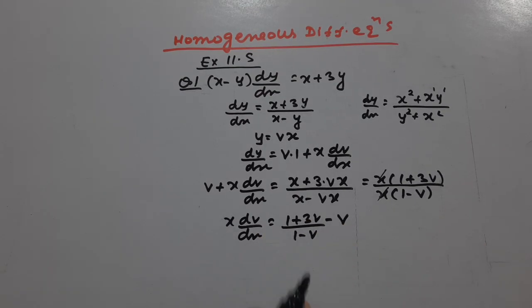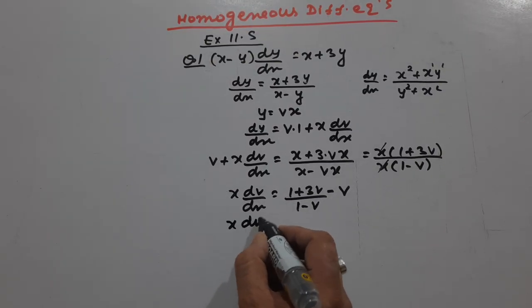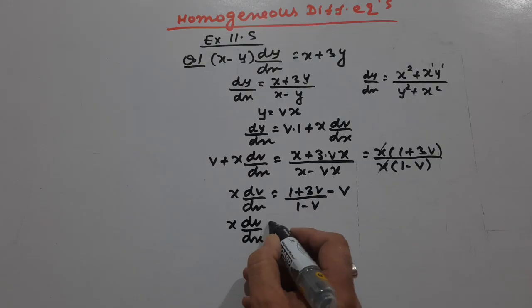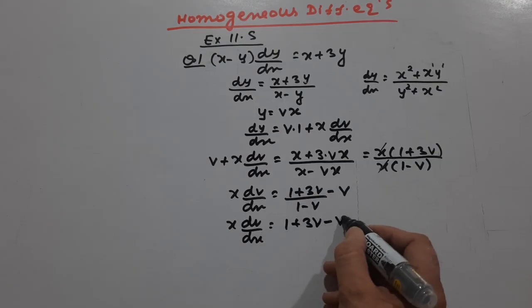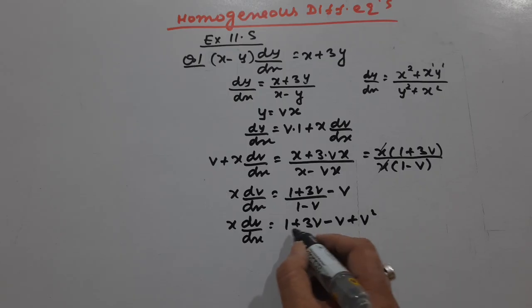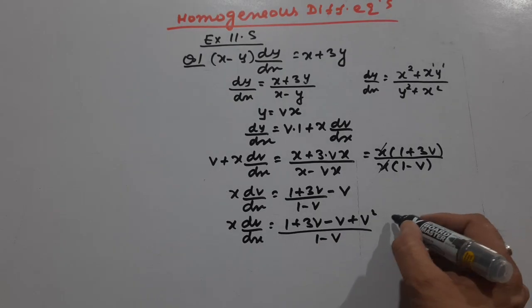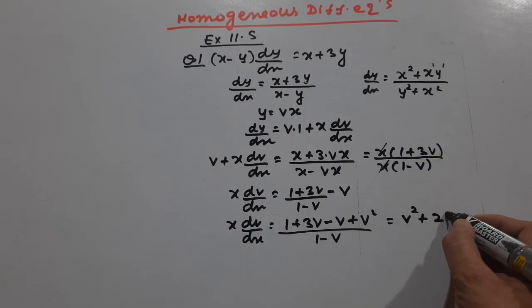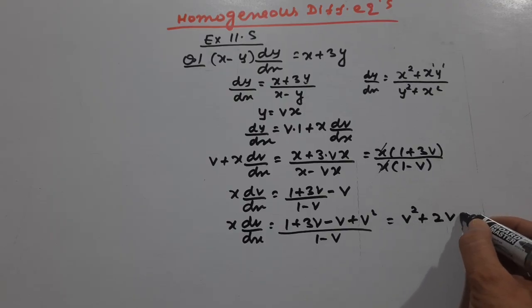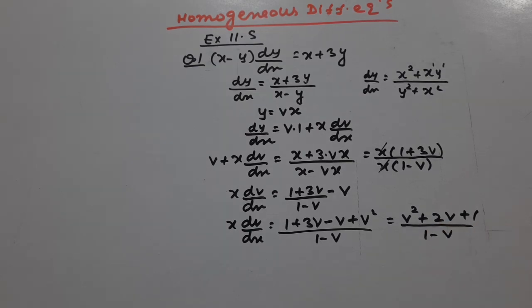Now take the LCM. So when we take the LCM we get x dv/dx = (1 + 3v − v + v²)/(1 − v). So on solving it we get (v² + 2v + 1)/(1 − v).